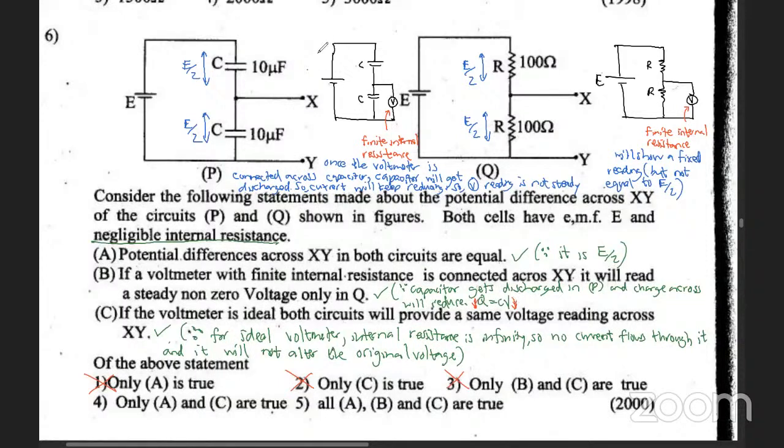Well, it will also reduce. So it will not be steady. But this will not happen if the voltmeter is ideal, because an ideal voltmeter will not allow the current to flow through it. If you put an ideal voltmeter, people, nothing will happen, no change. That is why I have written ideal voltmeter.